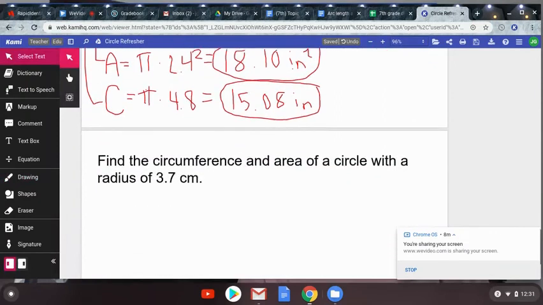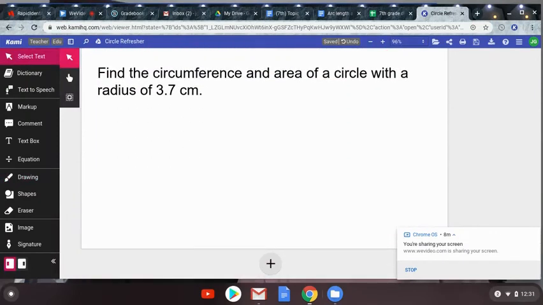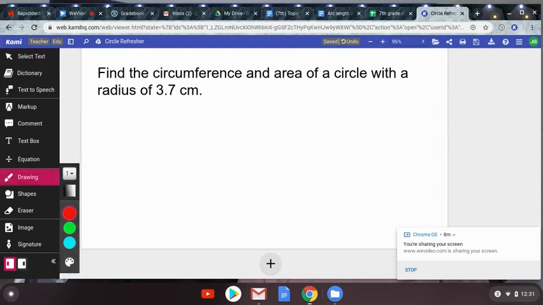Let's try one more together. It says find the circumference and area of a circle with a radius of 3.7 centimeters. So I'm going to do CARD. And the radius is 3.7 centimeters. Now, if you're feeling pretty comfortable with this, why don't you pause the video and try and work this out on your own?